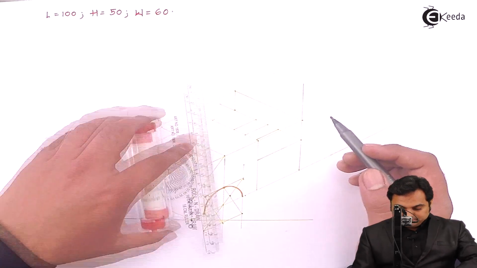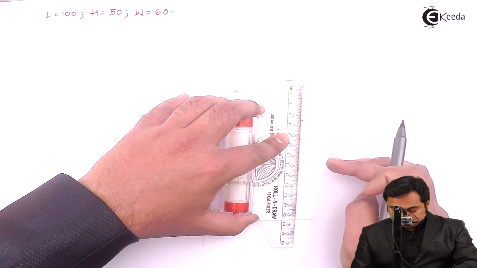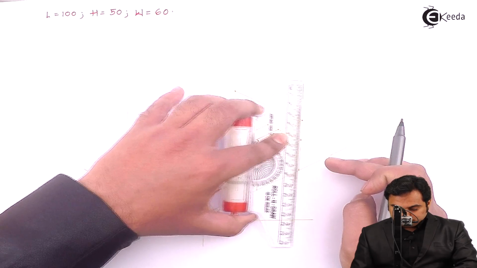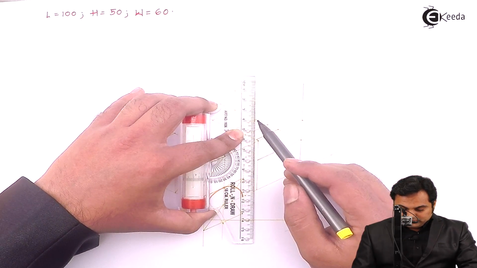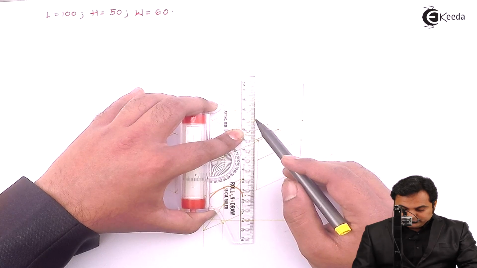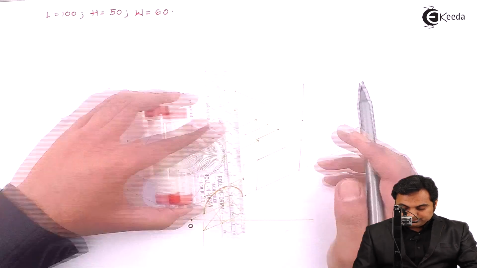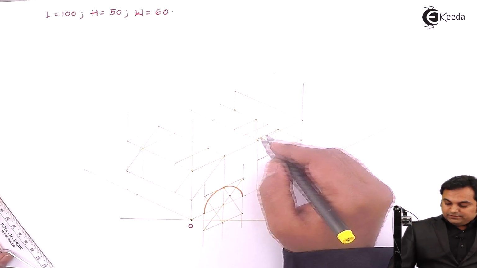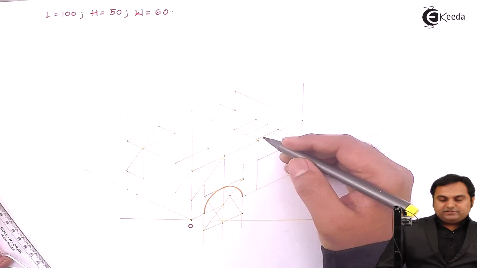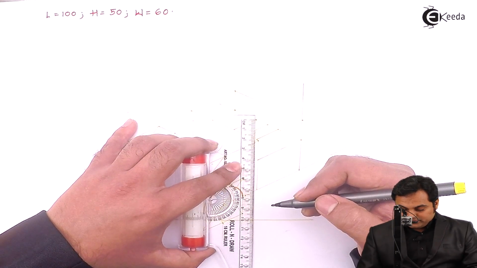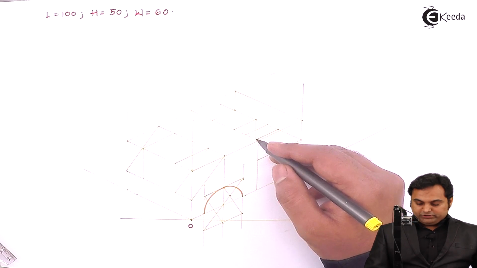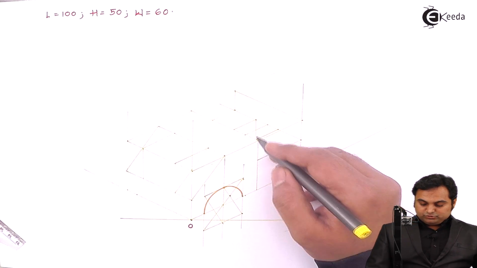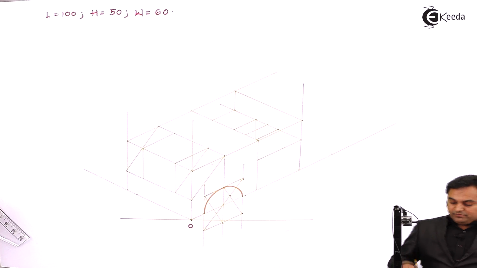So for that, I am drawing a light vertical line through this point. And this is also 30 mm deep. So if I am measuring 30 mm, it is coming into the diagram, so there is no need of bringing this point further back. It is understood that it will be 30 mm deep.